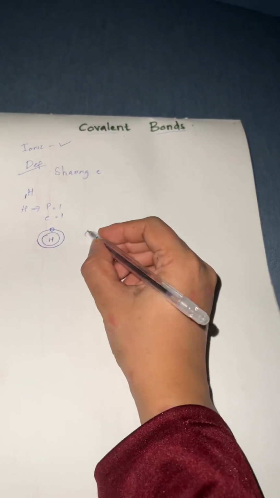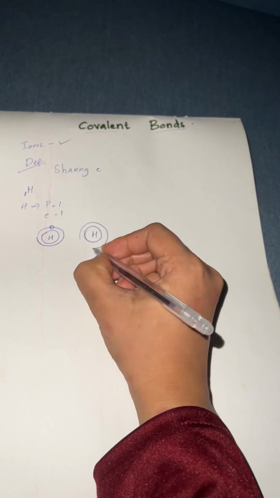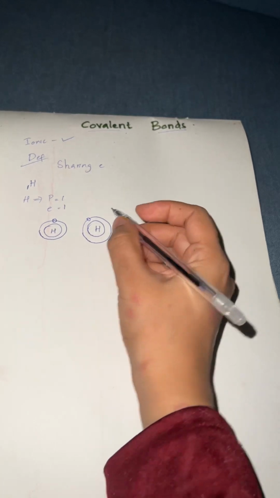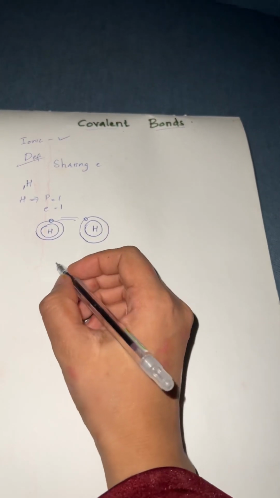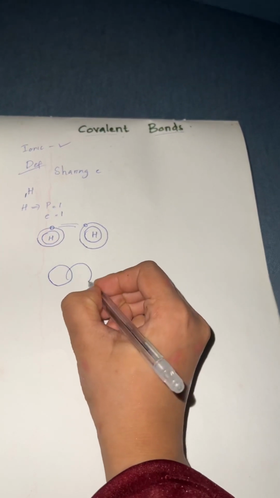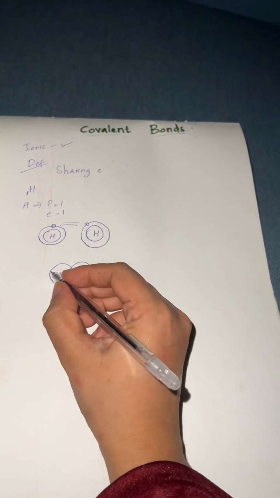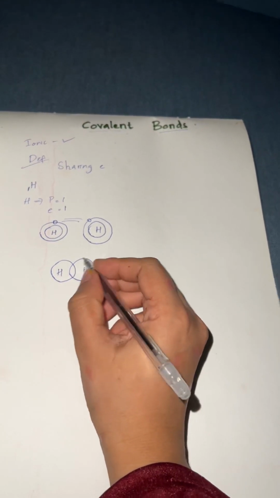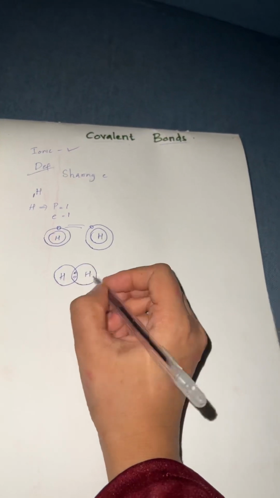If you take another hydrogen atom, it will have an unpaired electron. So these two share with each other, and they form like this, right? I only draw the outermost orbit, that is the valency shell, to show you that both the electrons are shared.